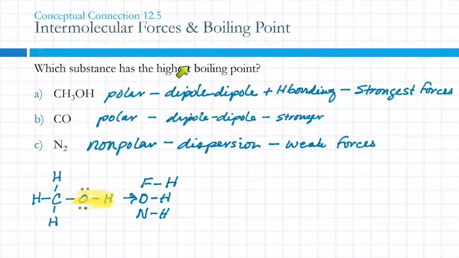If we're looking for highest boiling point, we're looking for the one where we need the most kinetic energy in order to break it apart. So that's going to be the one with the strongest forces holding it together. So which one has the highest boiling point, A, B, or C? Thank you, A.